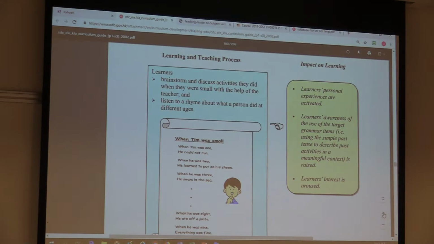Right, 2 more minutes for the discussion. Maybe they could change the vocabulary learning into the action words. So this is the focus of the lesson.